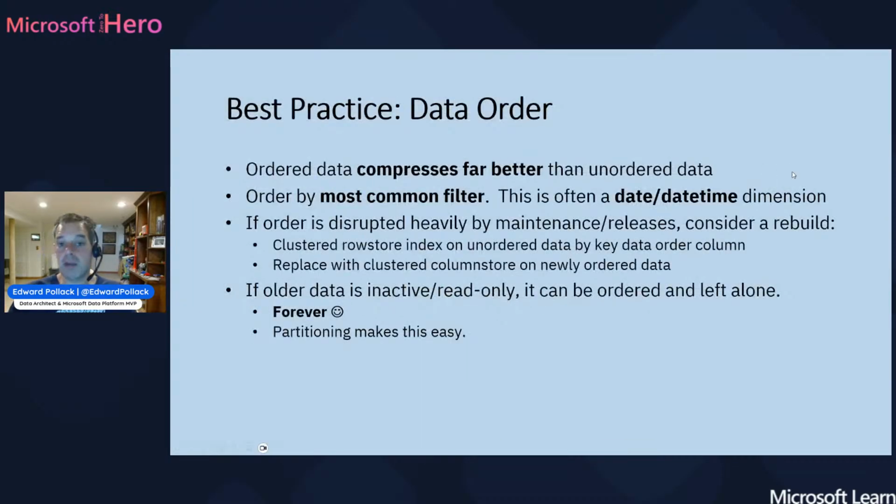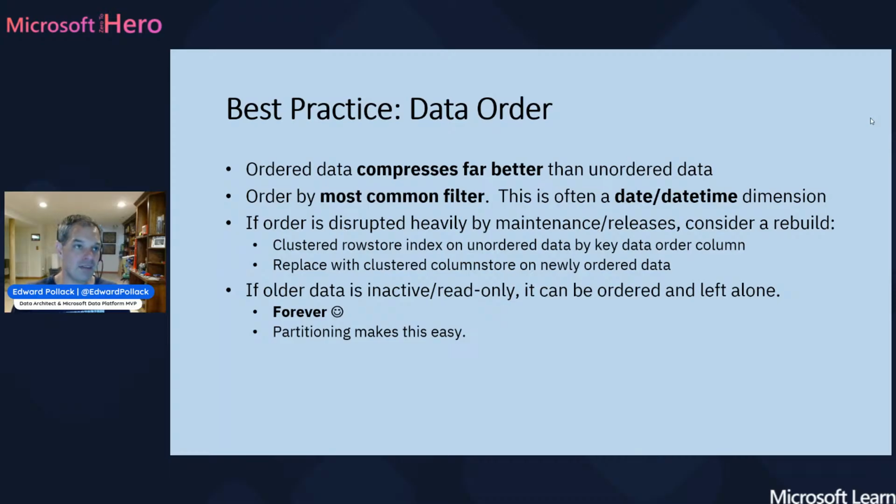All right, this is a big best practice, and anywhere that you store analytic data on the planet, this is a best practice. Whether you manage it or they manage it or someone else manages it, it's critical. Ordered data is key to both compression and speed of querying. Ordered data will compress better than unordered data. It's just simply natural that data that is close in time to other data will be more similar and compress better.